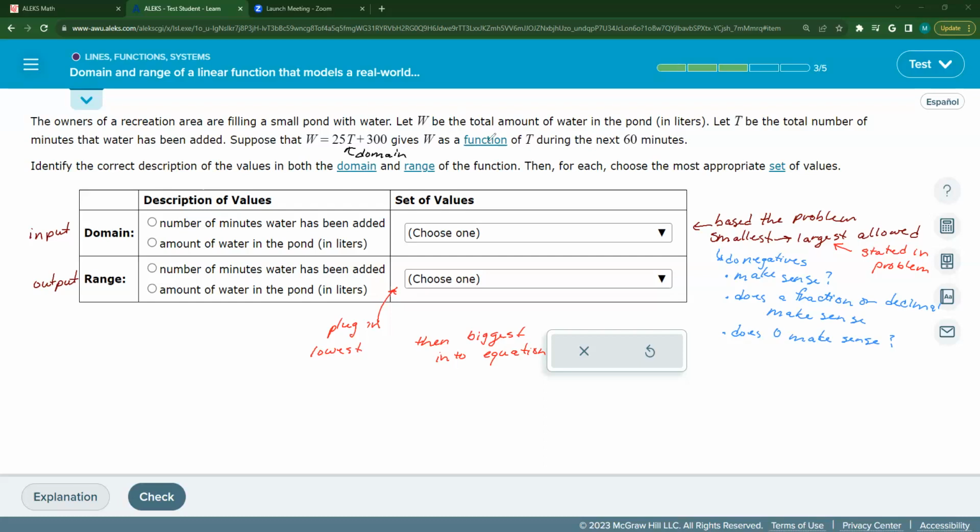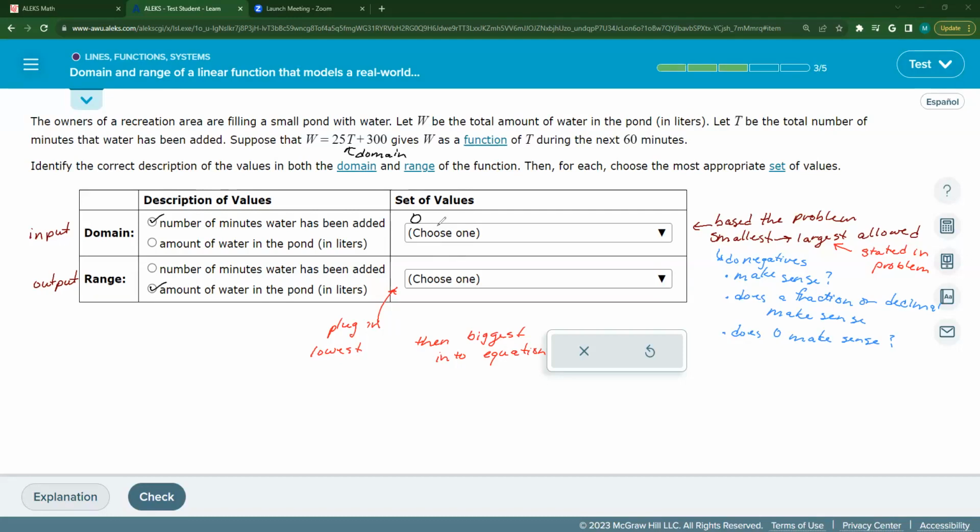And T is the number of minutes. So number of minutes, and that means the output is the amount of water. When I'm adding water into a pond and turning on time, it doesn't make sense to start counting time before I start. So 0 is going to be what I'm doing now.